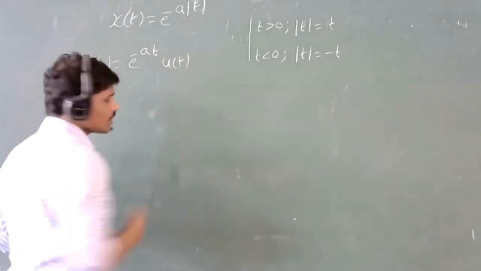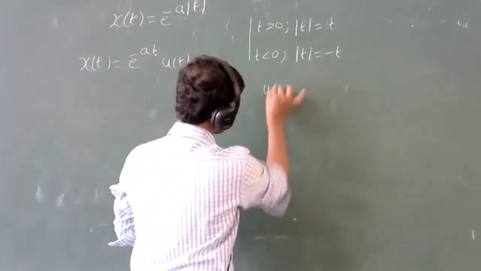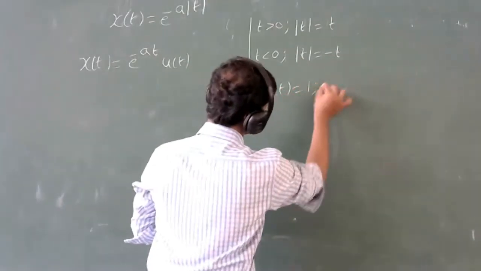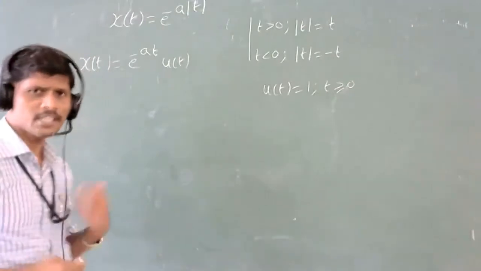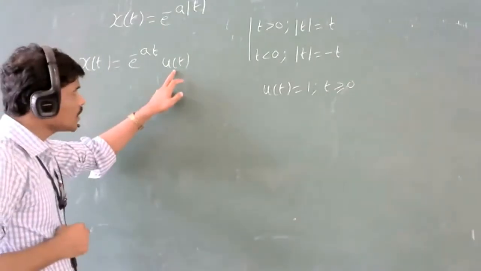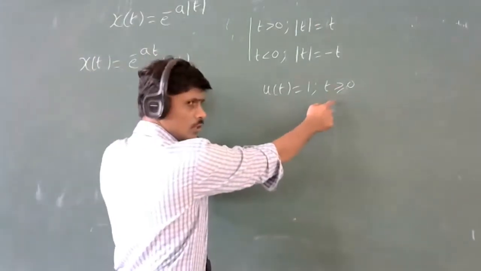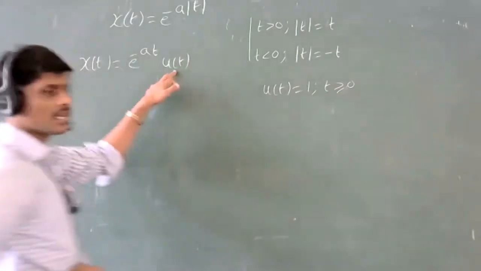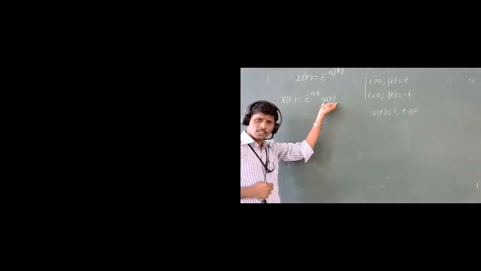What is u of t? u of t is the unit step signal. According to the definition of the unit step signal, u of t is equal to 1 for t greater than or equal to 0. So because of that, in the exponential term, I am representing with u of t. Clear?